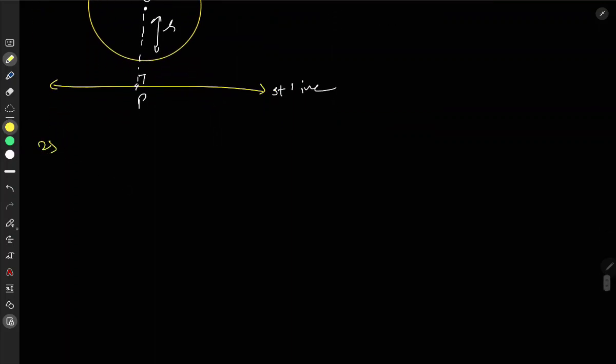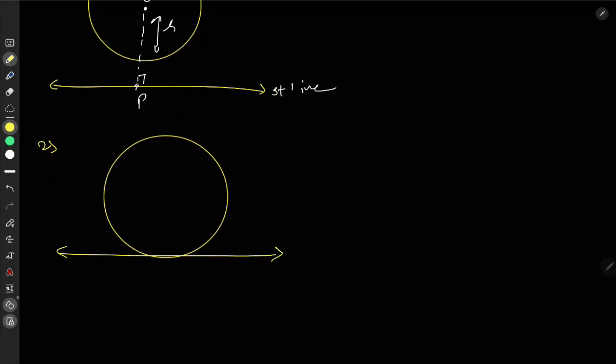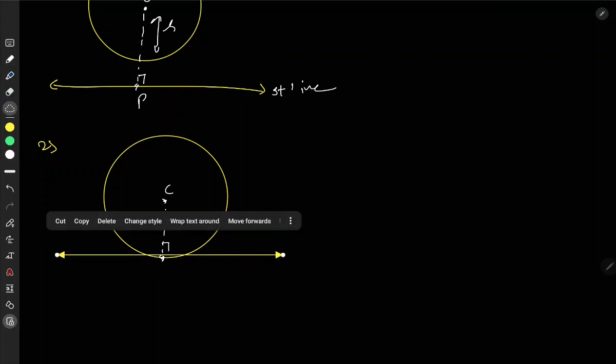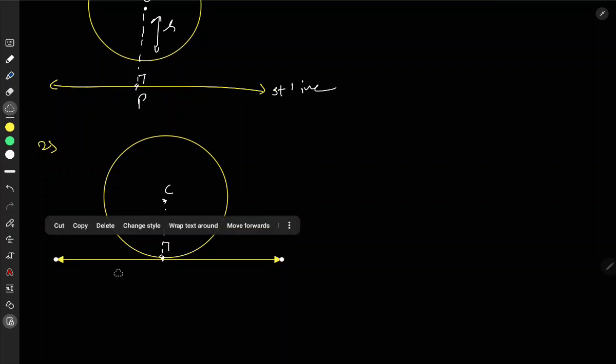The second one is, this is the circle and this is the tangent. In such a case, this is the center. We draw a perpendicular. They are meeting over here. Let me draw the line a bit below.